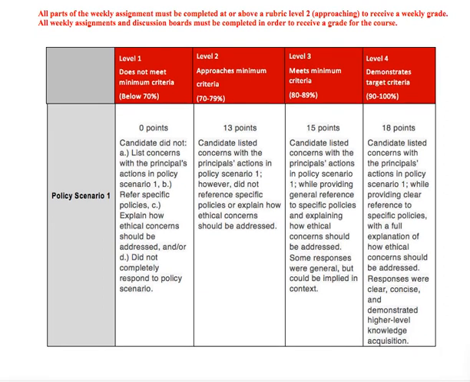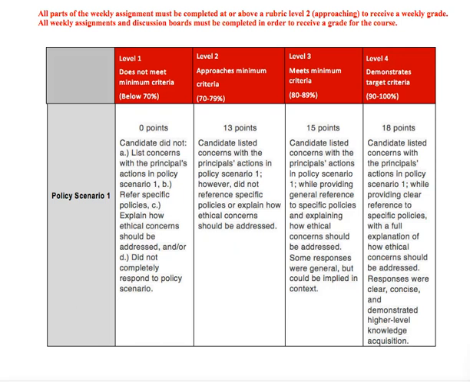This week, you're going to be looking at some policy scenarios. This is the rubric for those scenarios. Please look at level 4. This is where you want to be. When you start looking at how your IA takes points off, it's going to probably be between level 3 and level 4.